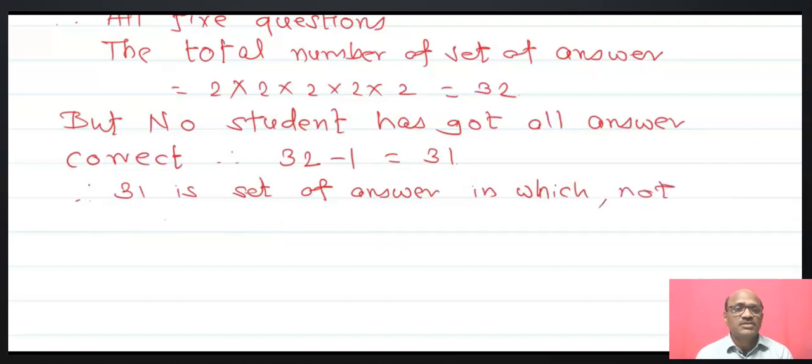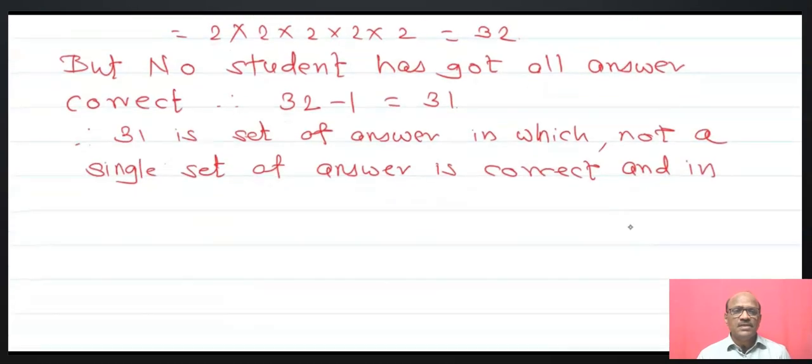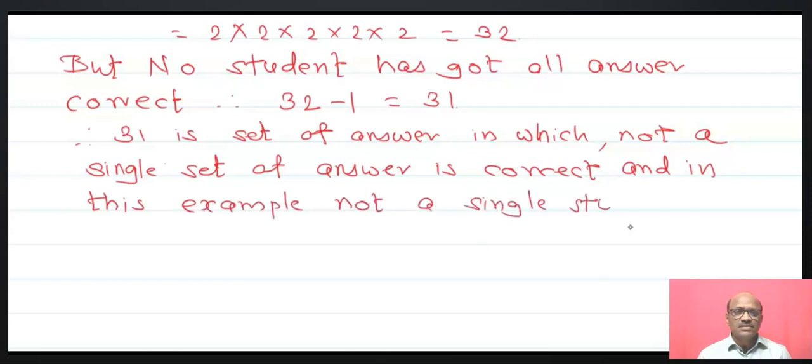31 is a set of the answers in which not a single set of answers is correct. And in this example, not a single student got all answers correct.